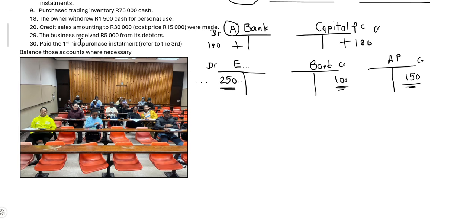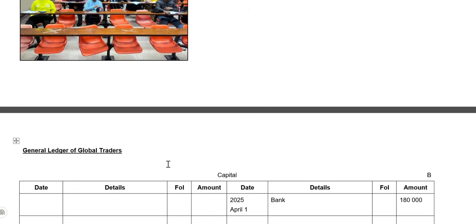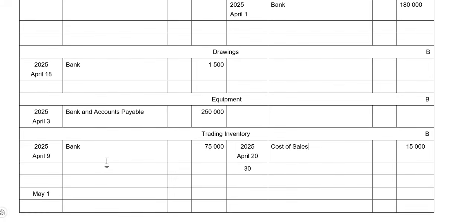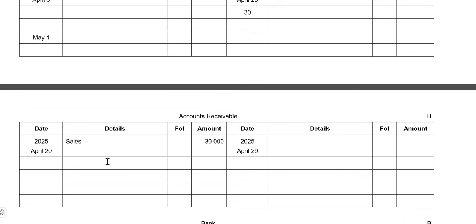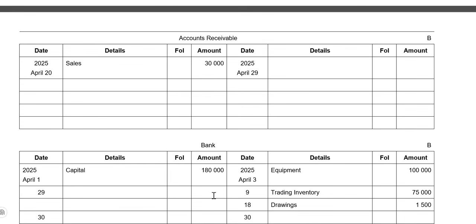29th. The business received 5,000 Rand from its debtors. So let's say we sold on credit for 30,000. Now we're going to get 5,000 Rand. And if it's money that we're receiving, our bank balance is going to increase. So the one account is bank. So we go to the bank account and we got 5,000 Rand on the 29th.